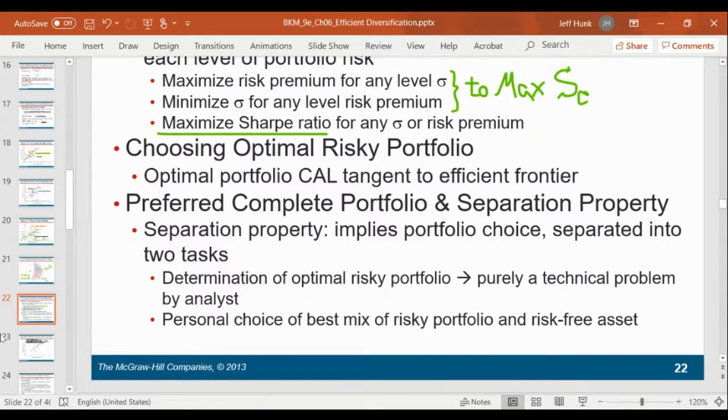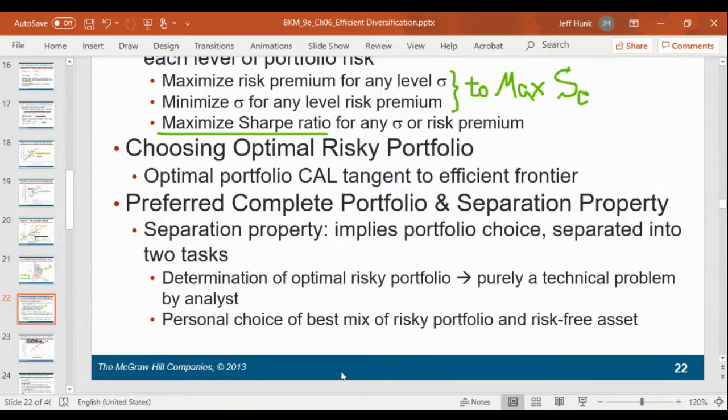As an analyst or portfolio manager, determining your optimal risky portfolio is technical, really. Whatever increases your Sharpe ratio, but to maximize it you have two strategies. But individual investors are not always the same.